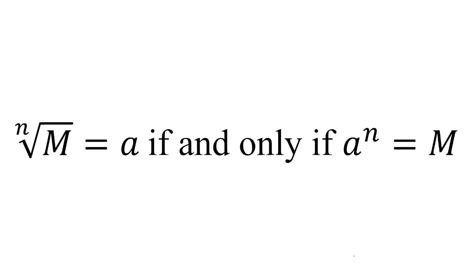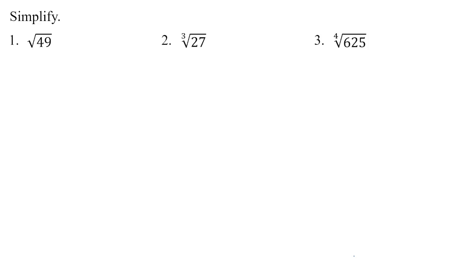Now, I want to show you some examples so that the definition is clear. Of course, the square root of 49 is 7. Now, notice you don't see an index there. If you don't see an index, the index is really 2.